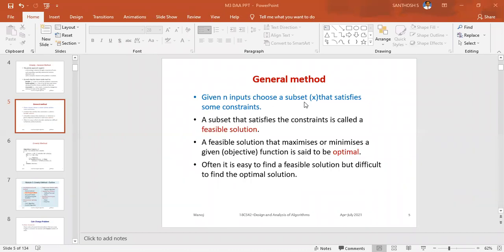So n inputs, choose the subset. Second step, the subset that satisfies the constraint is called a feasible solution. Third step, from all the feasible solutions derived from all the subsets. So if there are 3 elements, how many subsets do you have? Anybody can answer. If n is equal to 3, how many subsets do you have?